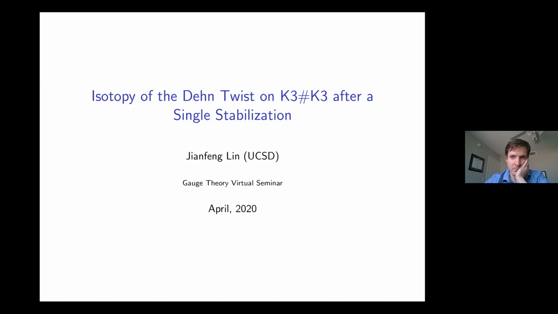Today I'm going to talk about a project using gauge theory and homotopy theory to study four-dimensional topology. My title is Isotopy of the Dehn twist on K3 connected sum K3 after a single stabilization.